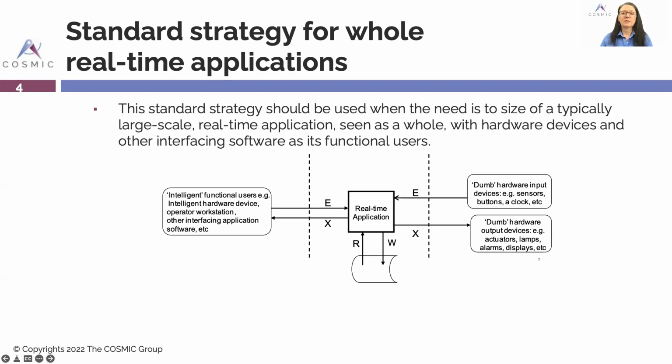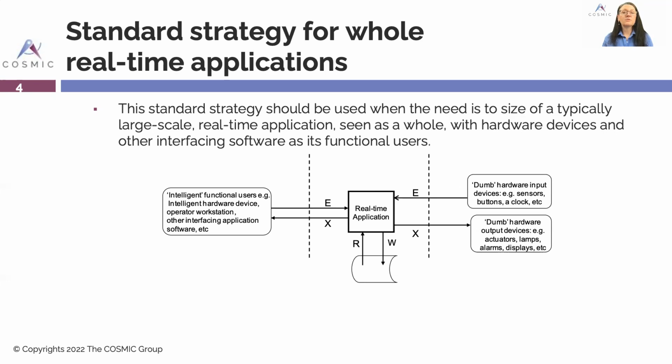On the other side, we've put the dumb hardware input devices. Those are sensors, buttons, clock. They only send a signal. And the dumb hardware output devices like actuators, lamps, alarm displays, and it could also be valves, heaters.